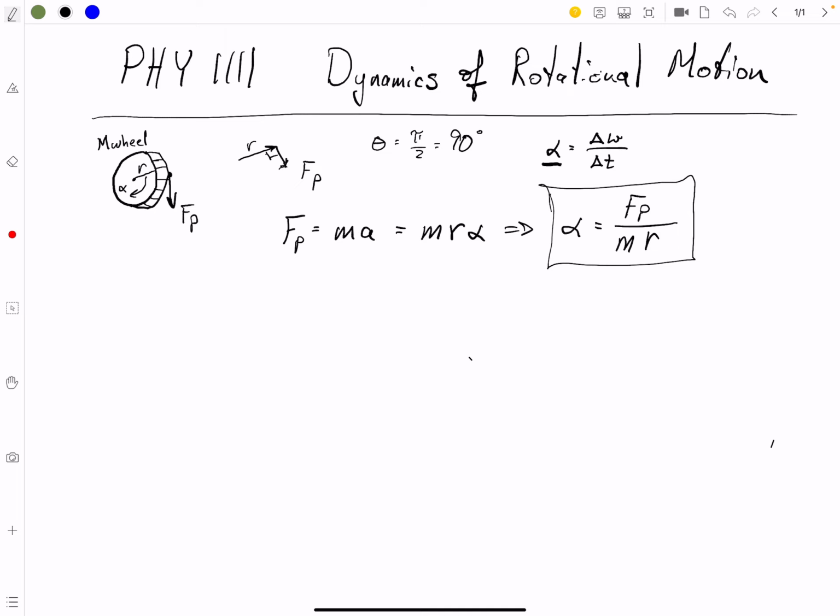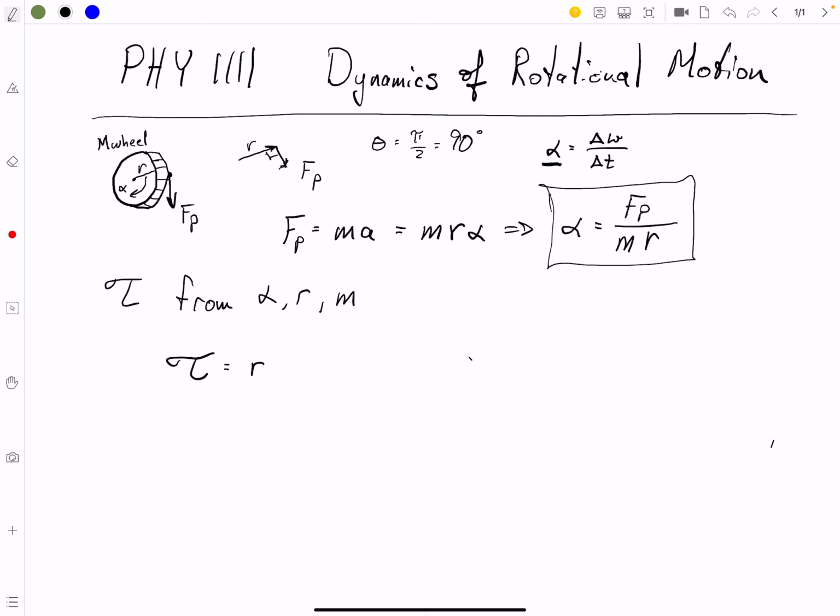Now, what if we want to know what the torque is? So, how do we get that torque from alpha, r, and m? Well, it's not too difficult, because what is torque?